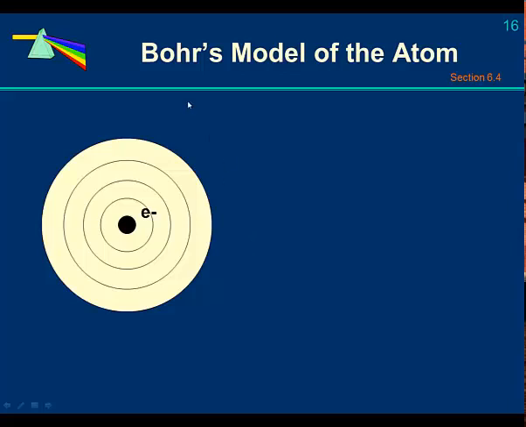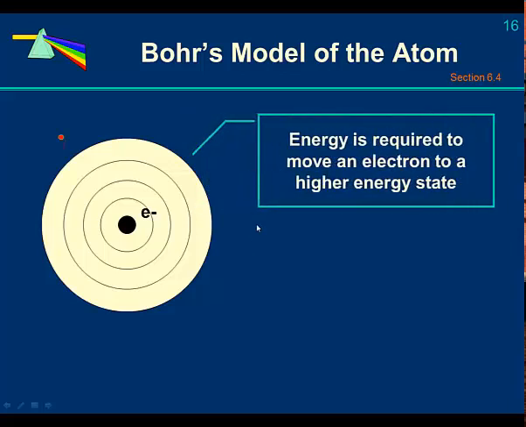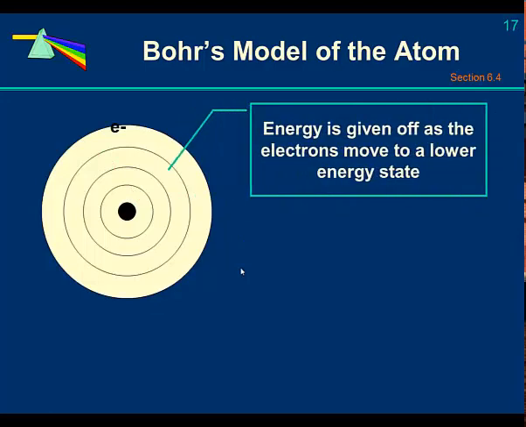What he said was, when you excite electrons in a particular element, that electron is moved to a higher energy state. When the electron ultimately falls back to its ground state, it emits a photon of a particular frequency that is proportional to the difference in the energy states between the higher energy state and the lower energy state. And we experience that as a color.